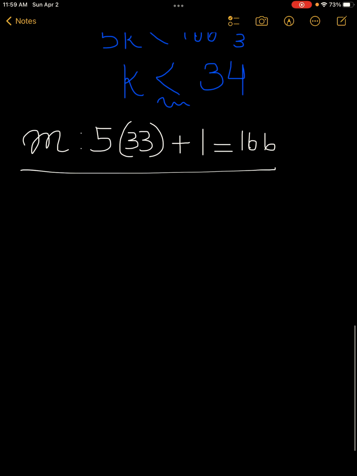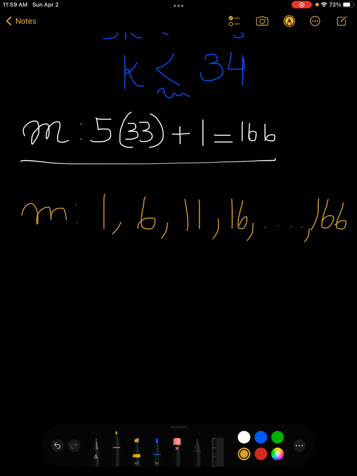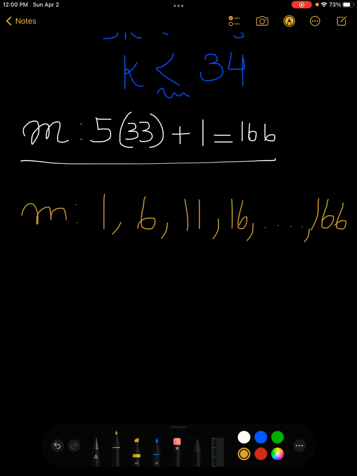So now if we go back to our arithmetic sequence, 6, 16, we know that the greatest possible value is 166. And once we find the number of terms in this sequence, we get our answer.